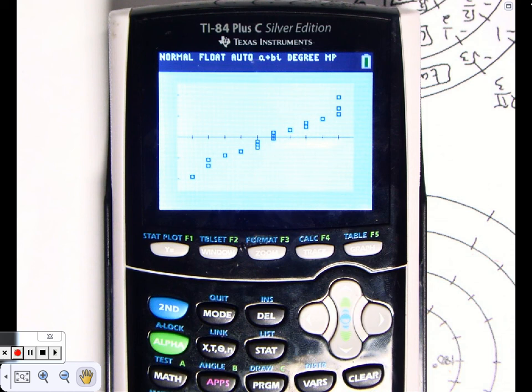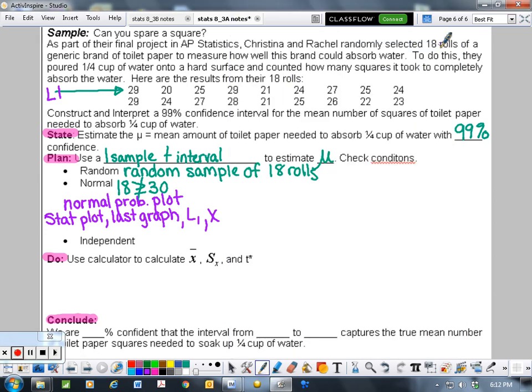Now, based on our graph, it looks pretty linear, which means it's approximately normal, and that's what we're looking for. Because we are proving to people that we could do this, we need to actually sketch that out and show them that it's approximately normal. So we're going to sketch out this graph really quick. We've got dots: 2, 1, 2, 3, 1, 2, 3, 1, 1, 2, 1, 1, 2, 3.